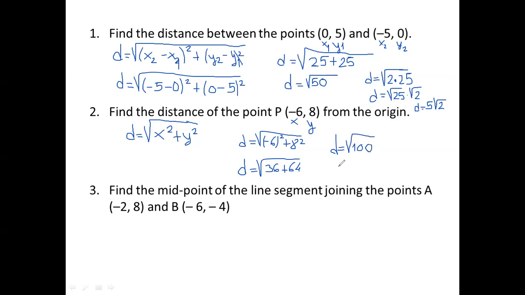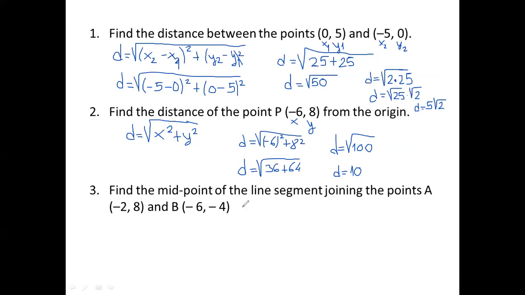And as we know, 10 squared gives us 100, 10 times 10, so the square root of 100 will be just 10. So the distance from the origin to the point P will be 10 units. I think this one was clear as well because it was even easier than the first one.